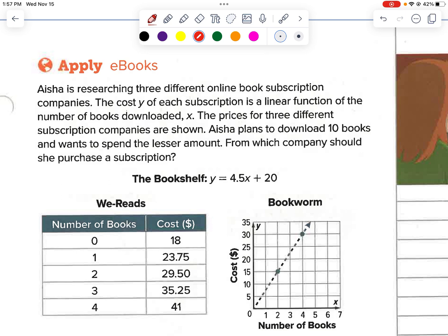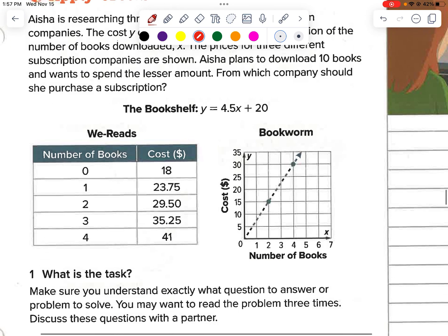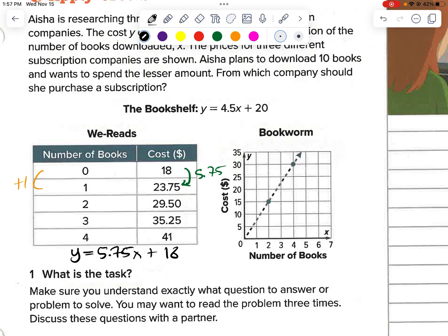Okay, so we need to find this right here. So this is going to be $23.75 minus 18. That would be $5.75, and that's over 1. So this one is y equals 5.75x plus 18 because this is across from 0.